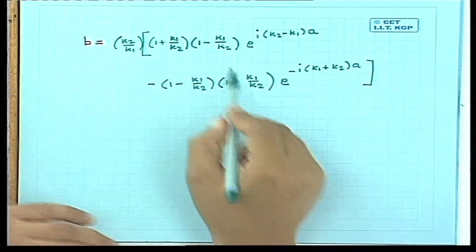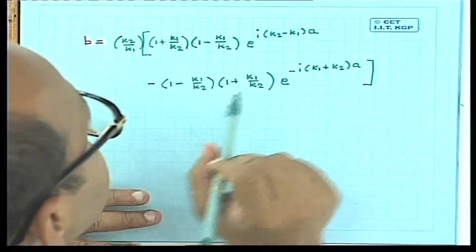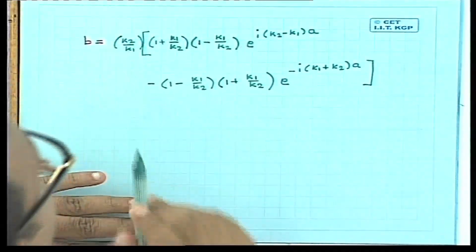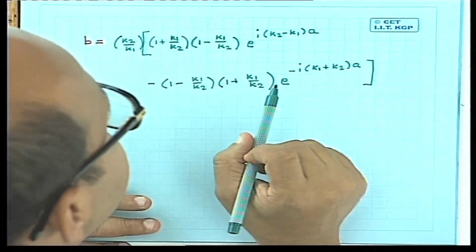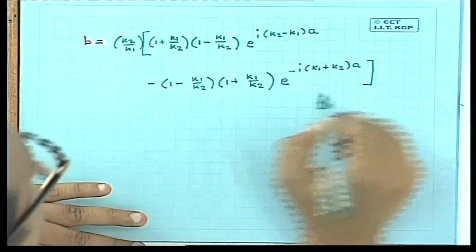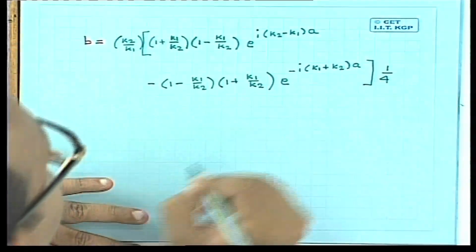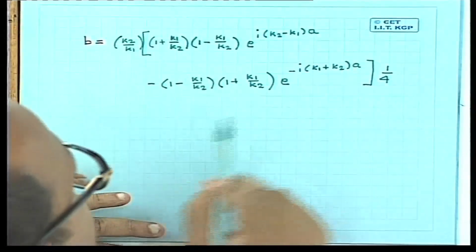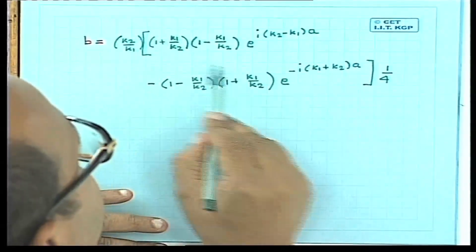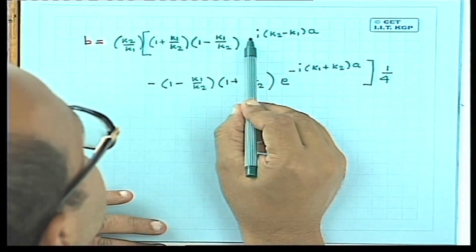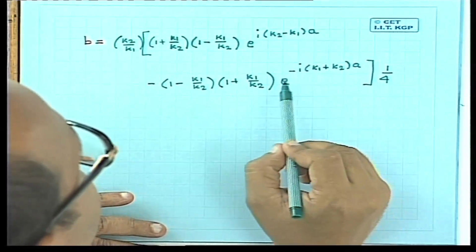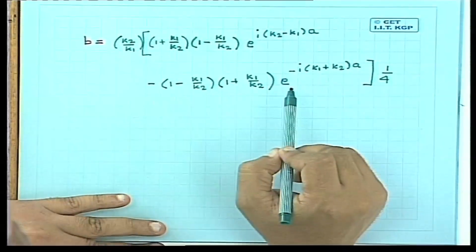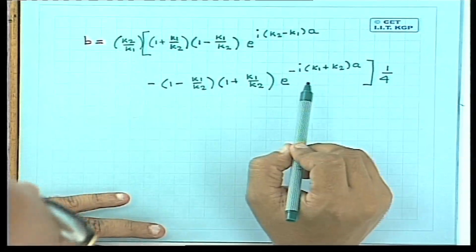So this whole thing is common, which I can take outside. The factor e to the power minus i k1 a can also be taken outside, and what I have left is e to the power i k2 a minus e to the power minus i k2 a, which gives me 2i sine k2 a.